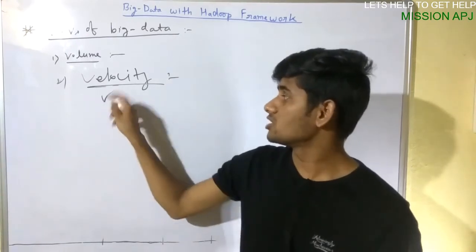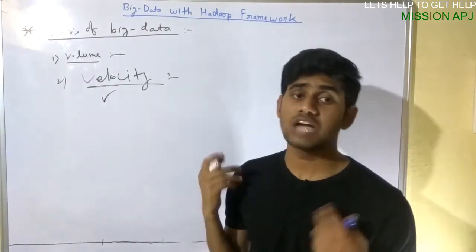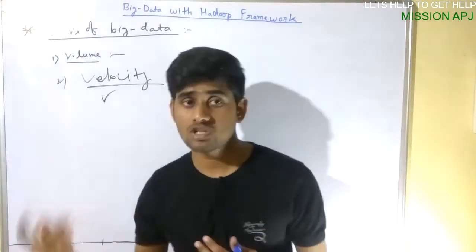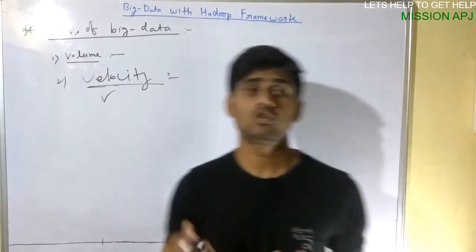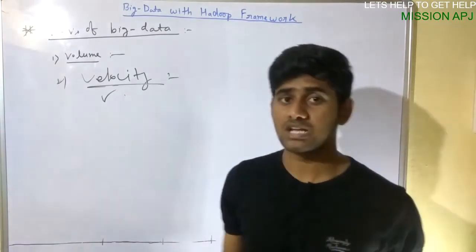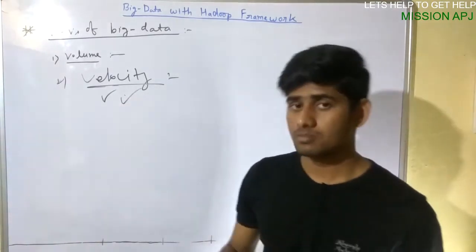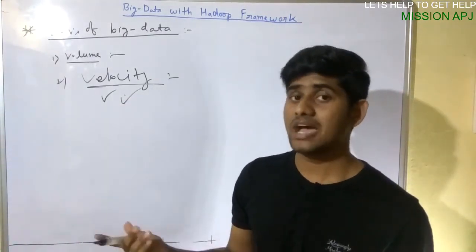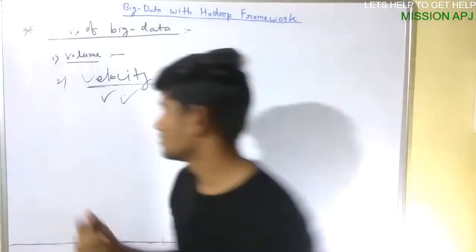That is very huge, so the velocity is very high. The production of that much data is very high, and that gives big data. So your data generation velocity is very high, which gives big data.